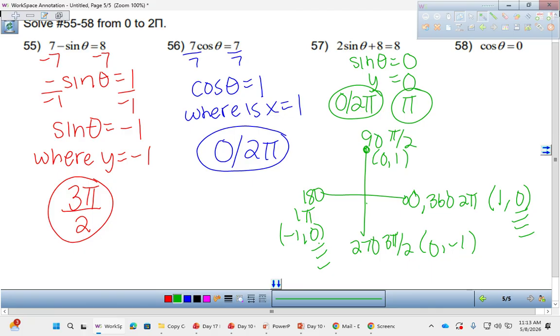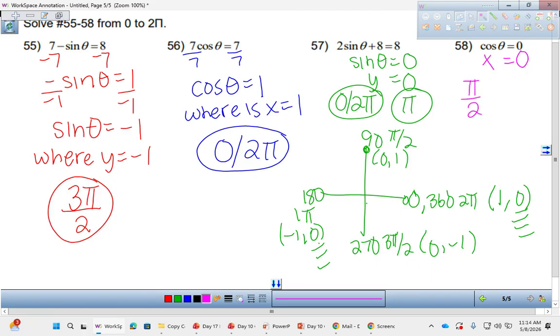So you tell me, what's the answer to the last one? Cosine theta equals 0. 2 pi. Cosine is 0, so x is 0, not at 2 pi. Y is 0. Oh, wait. Which coordinate points here have x values of 0? 0.5 pi and 1.5 pi.